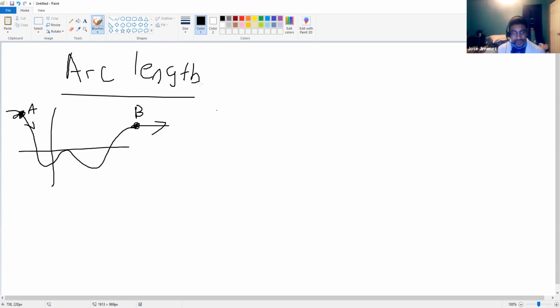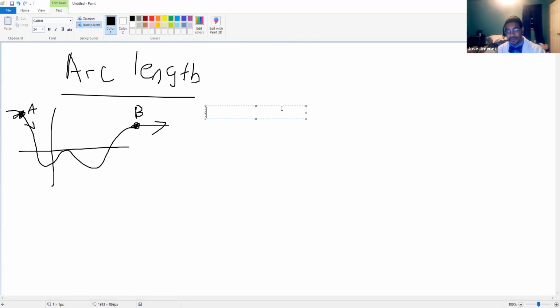All right, so what is arc length? Well, you guys know what it is, so I'm going to give you a simplified definition.